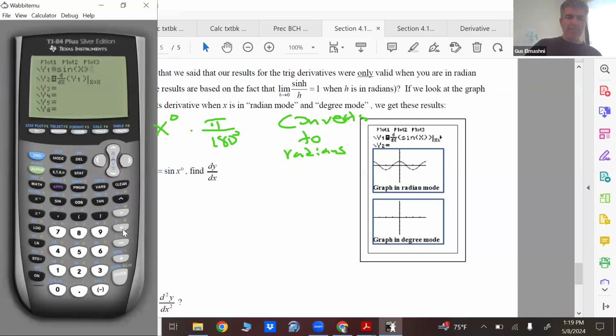you guys don't have to really write anything down for this. I used to not cover this with my AP students, but I just feel like doing this to you guys. But if I do this, oh, that's weird. I got to switch back to radians. Wait, why is it not doing it? Or maybe I have to reverse it. Hold on a sec.